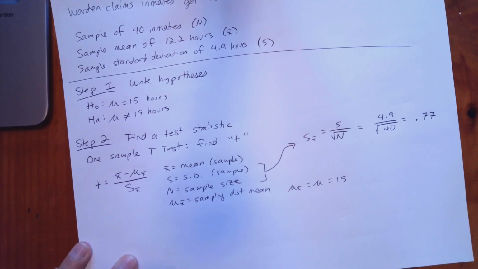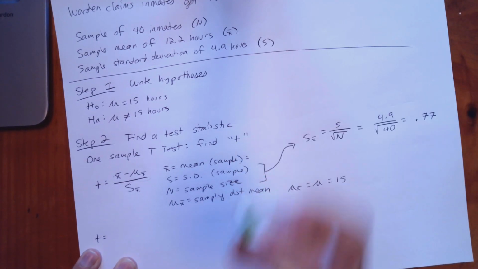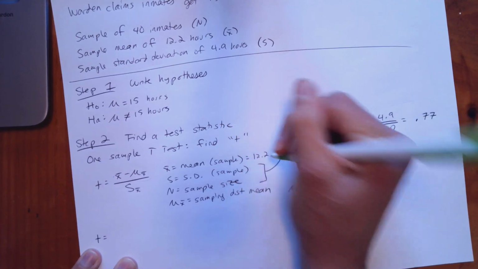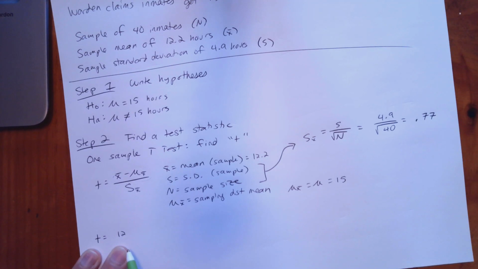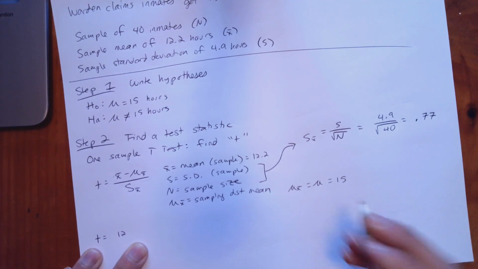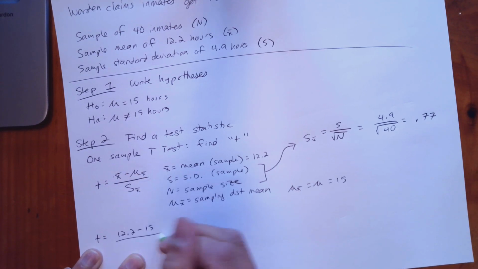So now we have all the things that we need to find our test statistic. We have our sample mean, which we know from above is equal to 12.2. So we're going to plug in 12.2 for x bar. We know that our sampling distribution mean is 15, so we're going to plug in 15 for our sampling distribution mean.